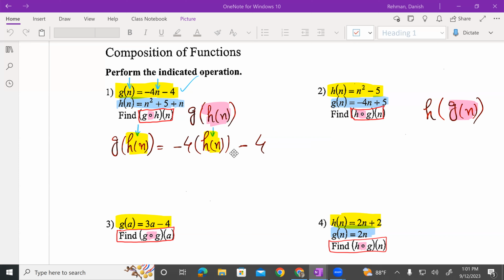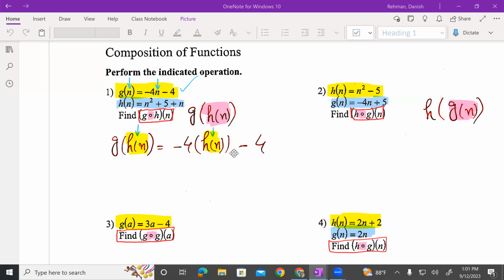Instead of an N, we have changed it to an H of N. Nothing else so far. Are we good? It's a step-by-step process. Don't skip the steps here.